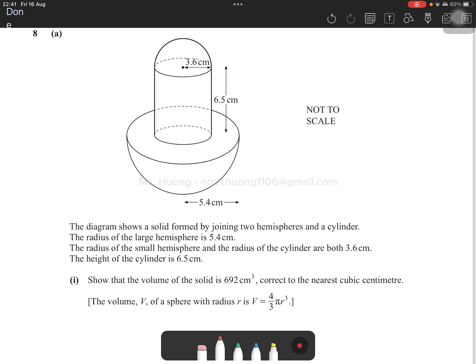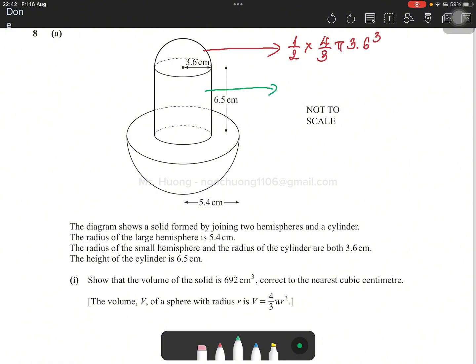The volume of the sphere is 4/3 pi r cubed. So I will split this into 3 parts. The volume of the hemisphere here is a half of 4/3 pi r cubed. The radius is 3.6.